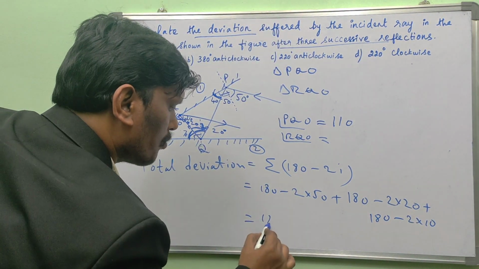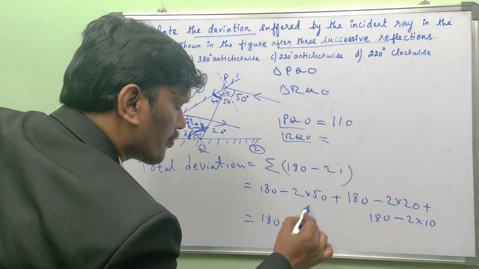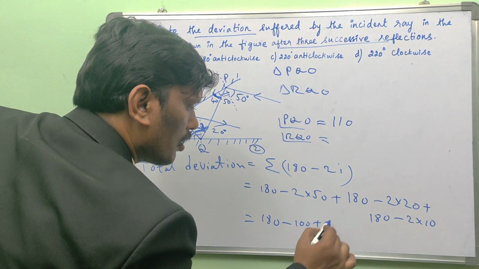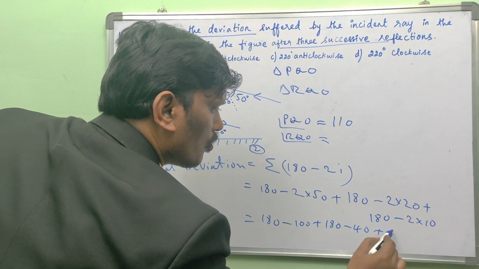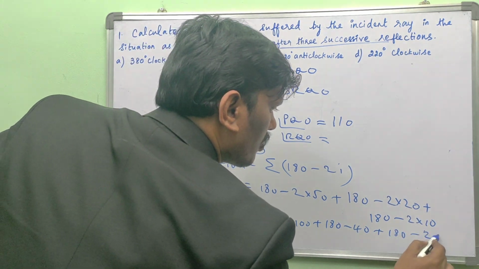Then 180 minus 2 times 50, which is 100, plus 180 minus 2 times 20, which is 40, plus 180 minus 2 times 10, which is 20.